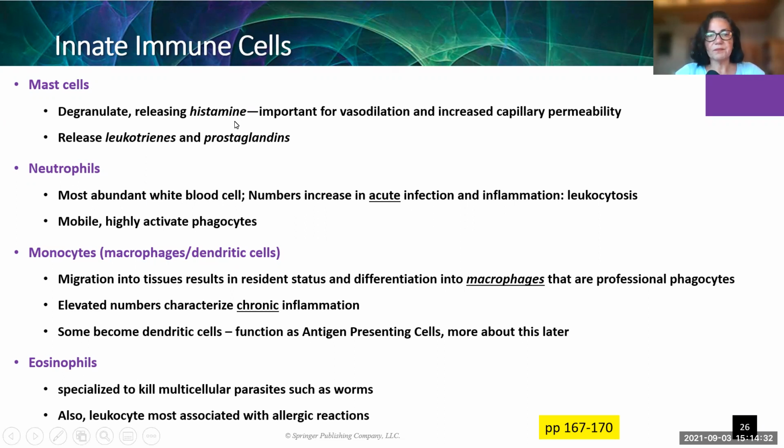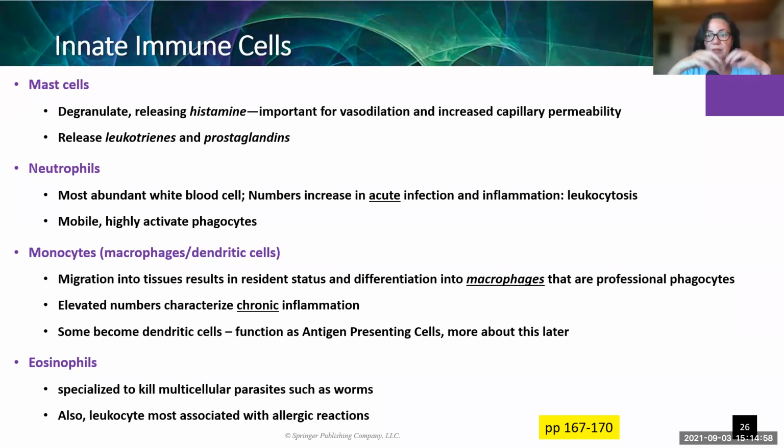So the vascular smooth muscle cells respond to histamine by relaxing. And so that's why you get vasodilation of the blood vessels in the area. Additionally, the endothelial cells that line those capillaries pull away from each other, and that allows for more permeability.